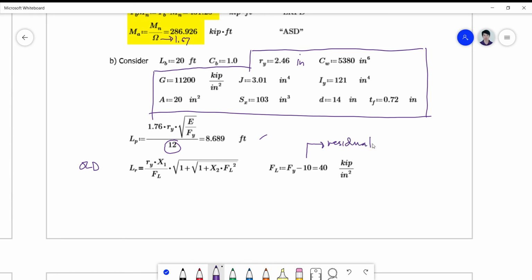So this is the residual stress for rolled shape sections. So it's 10 KSI. So for built-up section, this will become 16 KSI for built-up shapes.